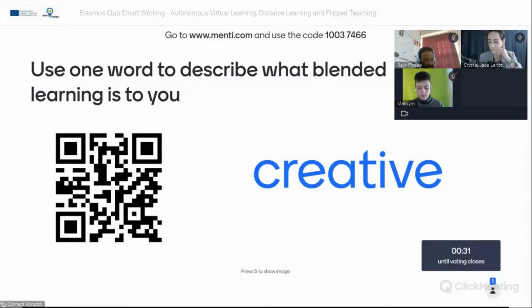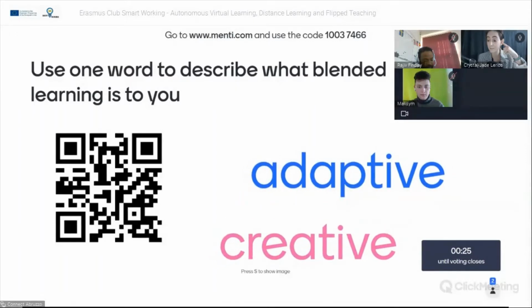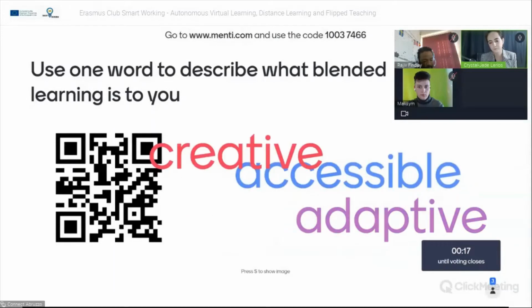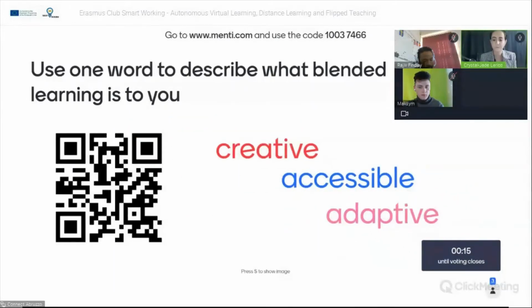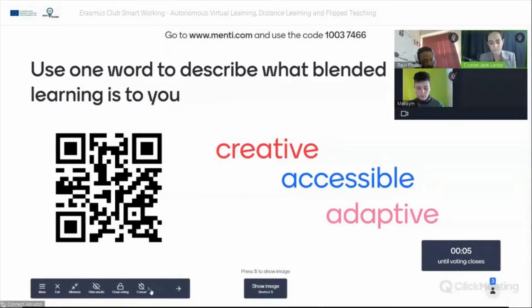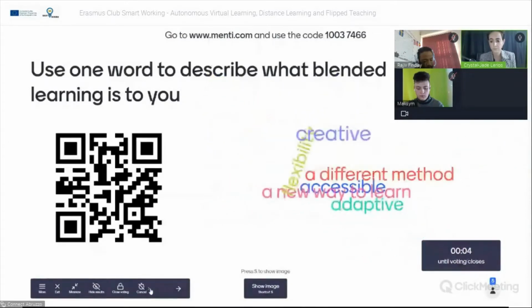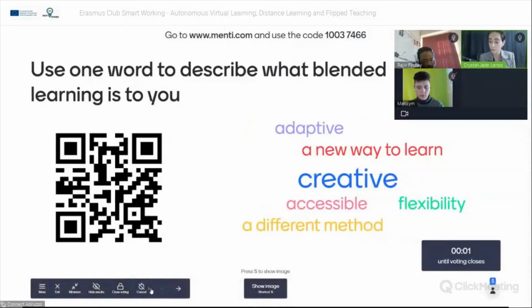One of the favorite words, creative, absolutely. Adaptive, yes. Spot on. Accessible. And when we say accessible, also that means inclusive. So thank you for that. Different method, a new way to learn, absolutely.